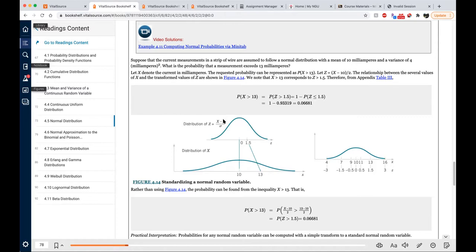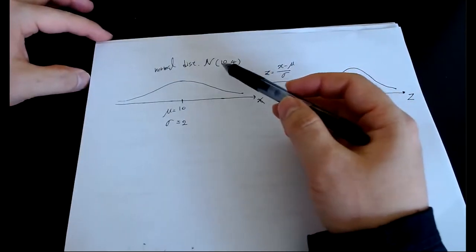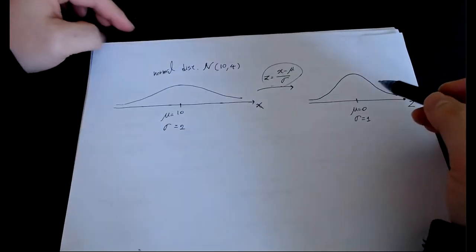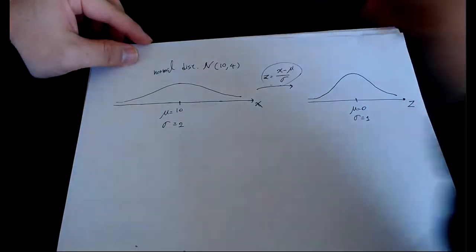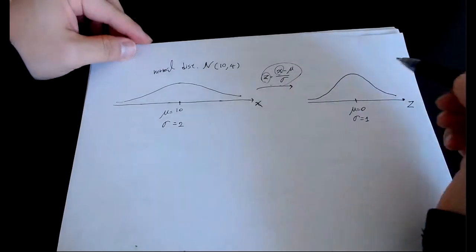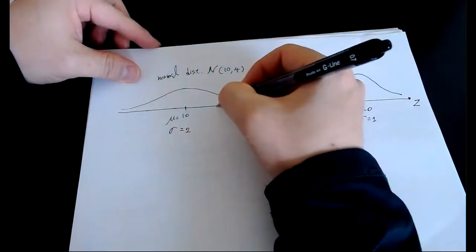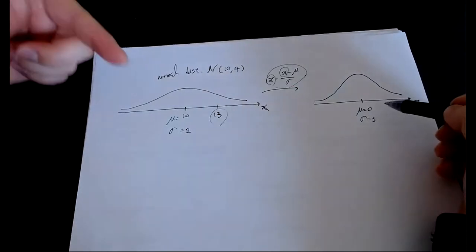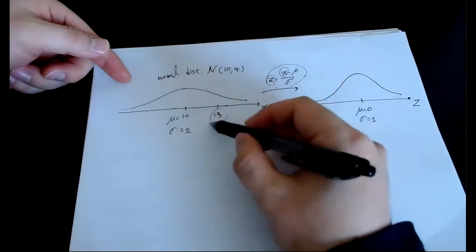Given the normal distribution with mu equals 10 and sigma 2, using that formula, we change the normal random variable to Z, the standard normal random variable. For example, 13 is right there. Let's figure out the Z value corresponding to the normal value 13.